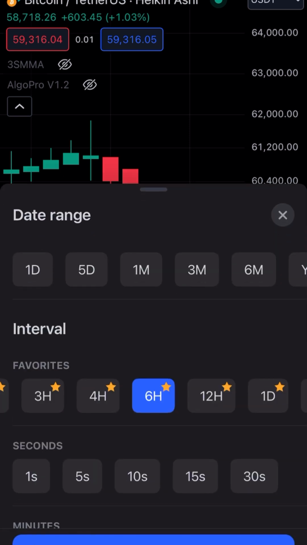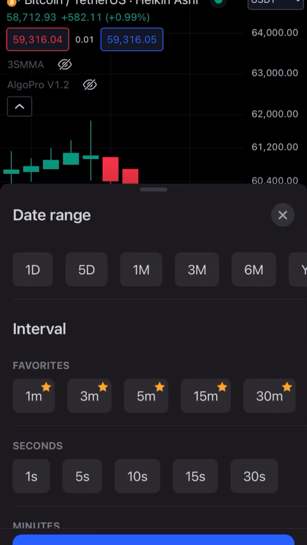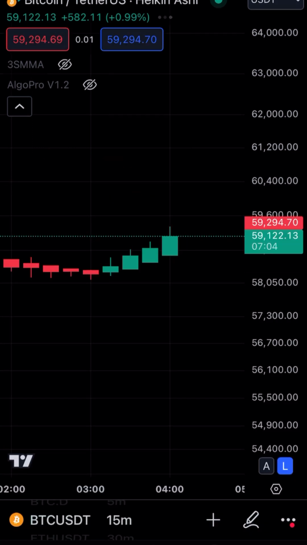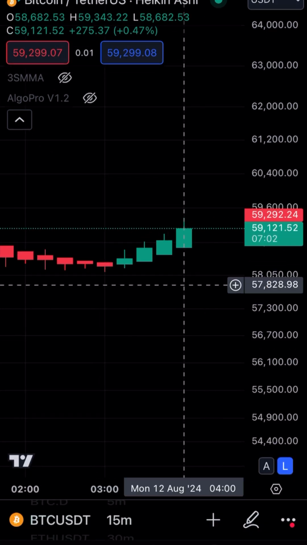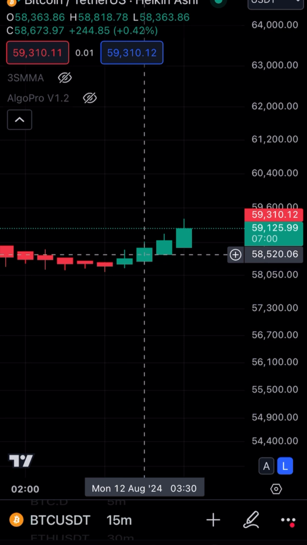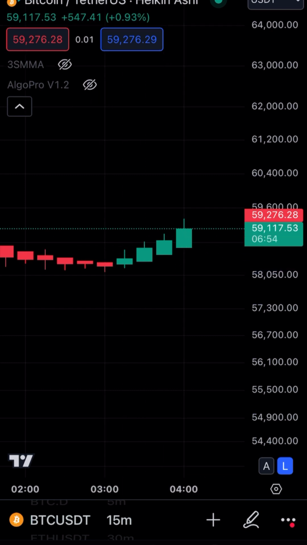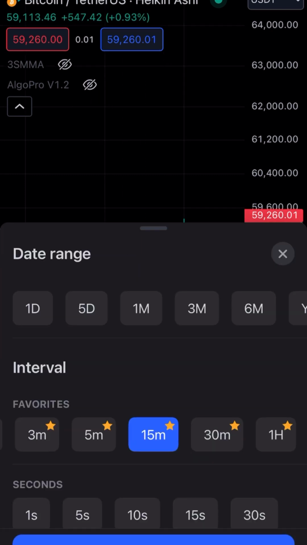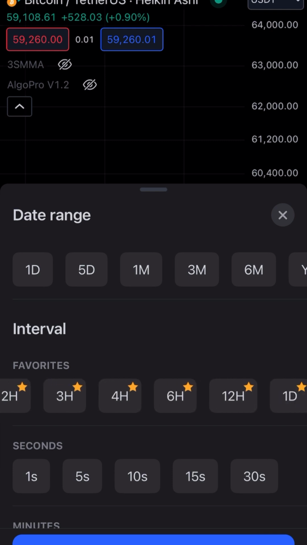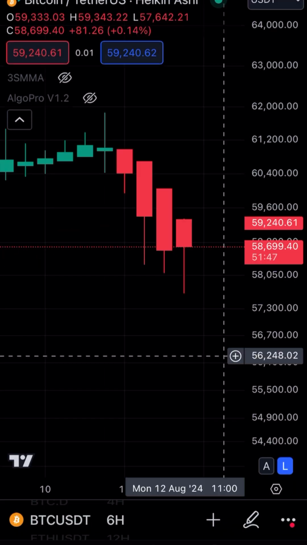Real quickly, we're going to look at a smaller time frame. I'll do this on a 15-minute. We saw on the 6 hour that it's trying to go up, and these are the candles right here showing that.